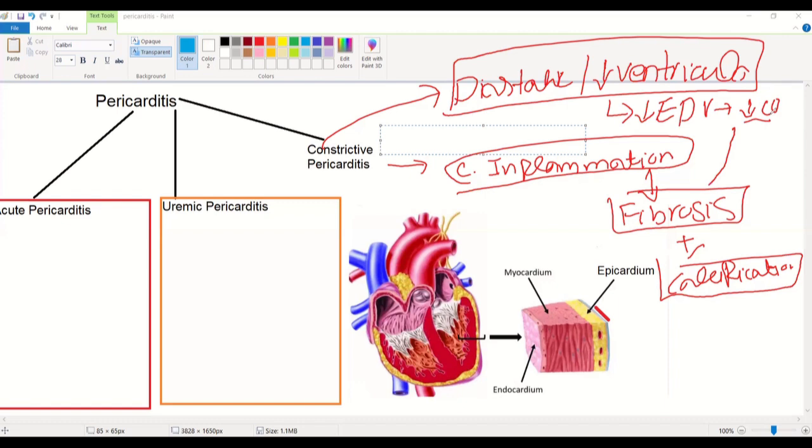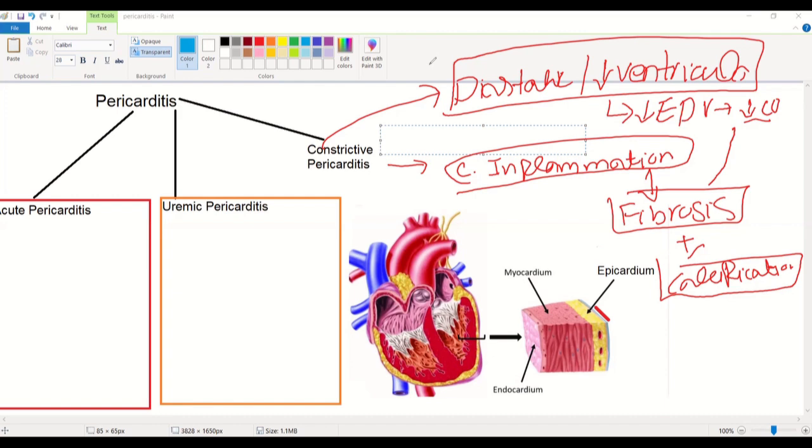Okay. So the patient presents with dyspnea. Why? Because of the decreased cardiac output, and the patient may present with JVD. Why JVD? Jugular venous distension. It's because of the compensation.